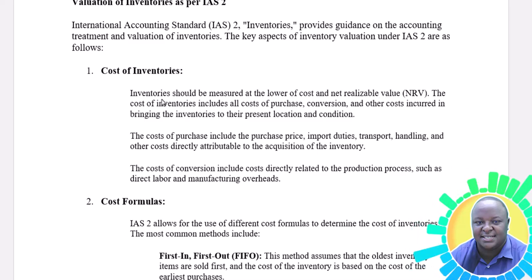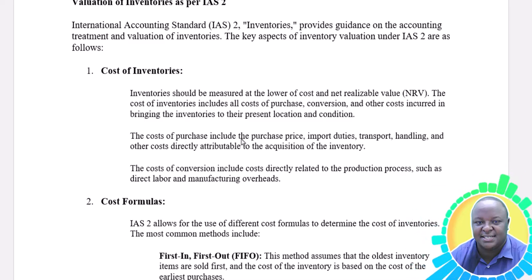Remember that inventories should be measured at the lower of cost and net realizable value. I'll showcase on how that is done. The cost of inventories includes all costs of purchase, conversion, and other costs incurred in bringing the inventories to their present location and condition.